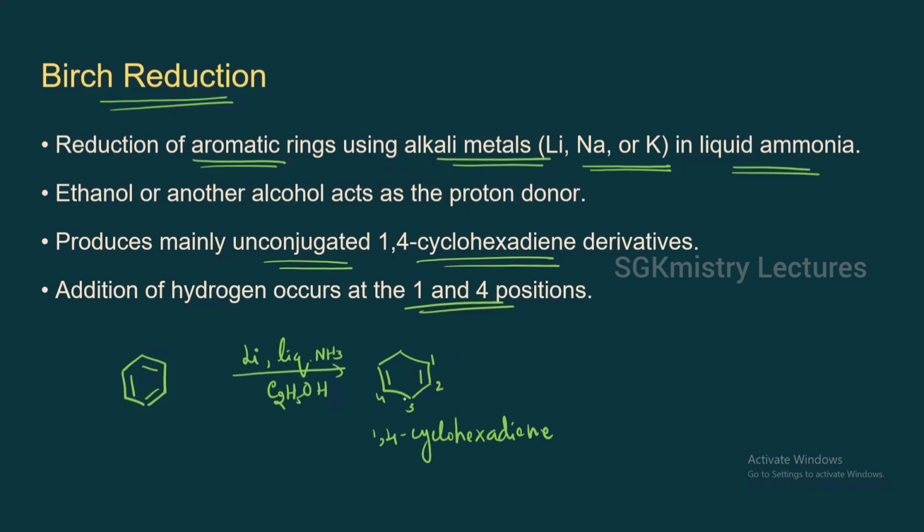This is a cyclohexane ring with two double bonds, so diene, and the two double bonds are in the 1 and 4 positions. That's why 1,4-cyclohexadiene. Let us take one more example. We are mainly looking at the aromatic rings, but it can be fused rings also, like naphthalene. Again, lithium in the presence of liquid ammonia and ethanol.